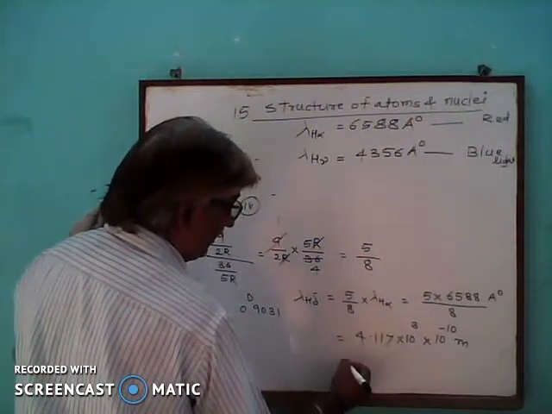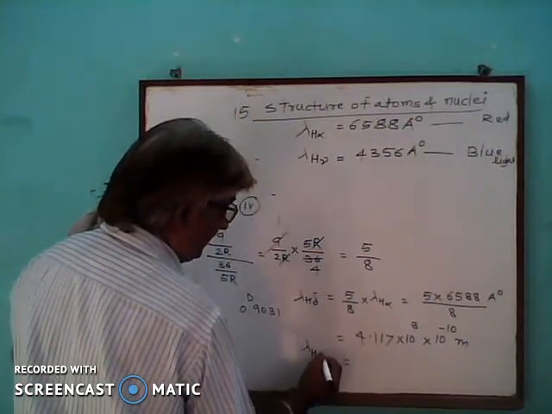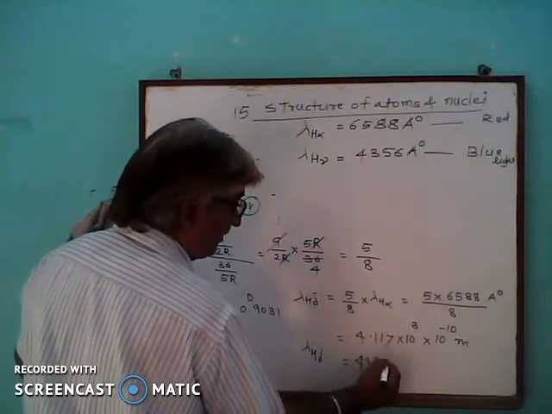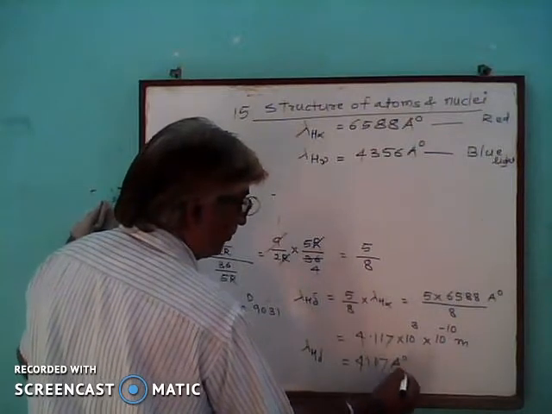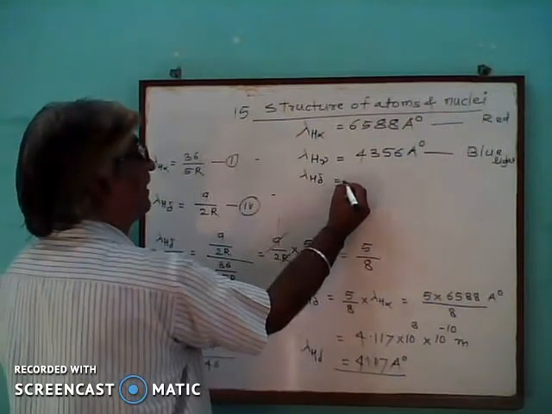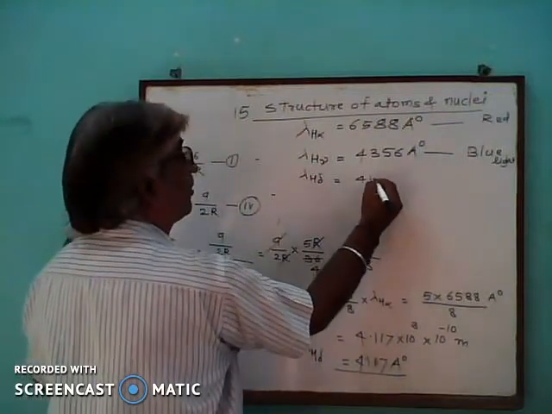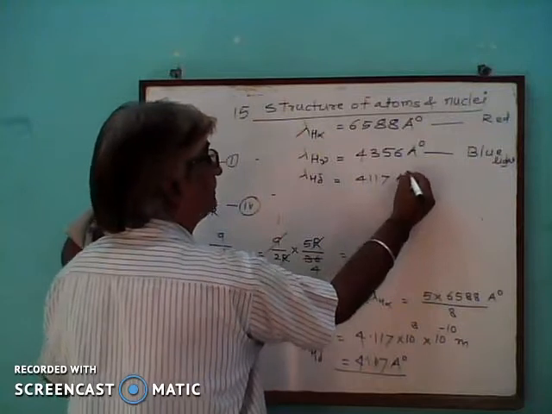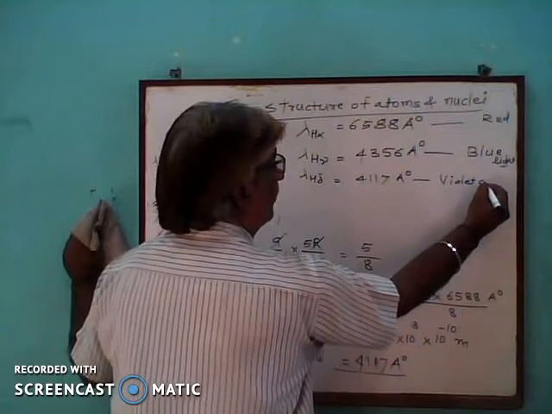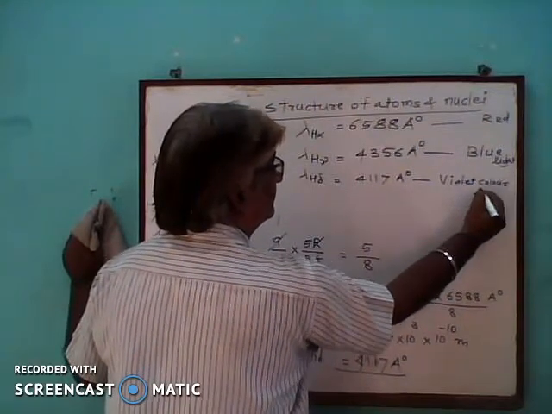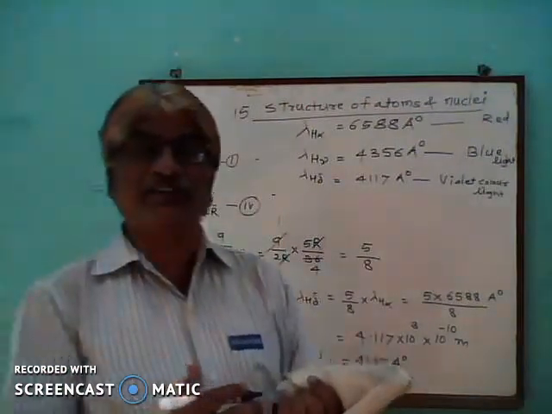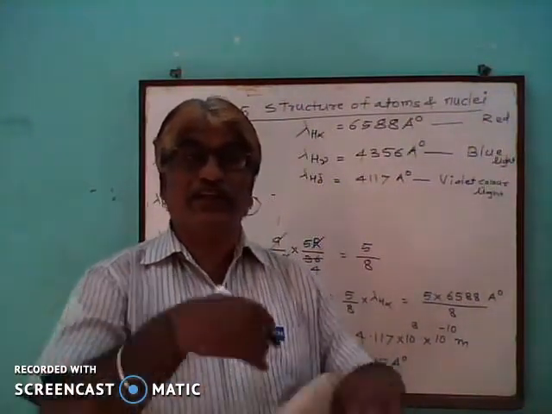Shifting the decimal, the wavelength for the H delta line will be 4170 angstrom unit, and it represents the wavelength of violet color of light.